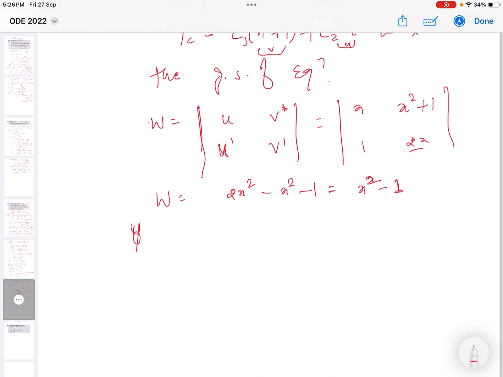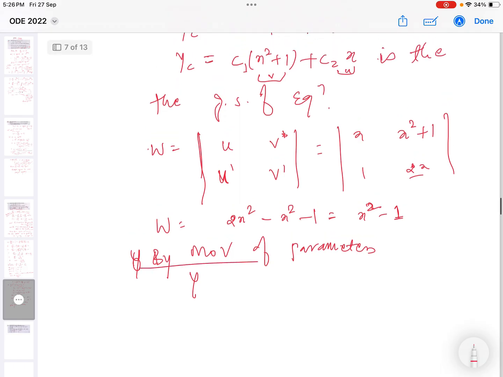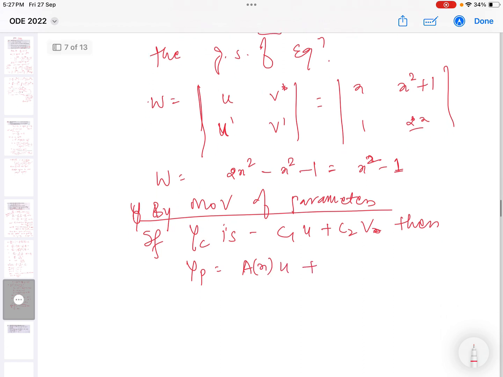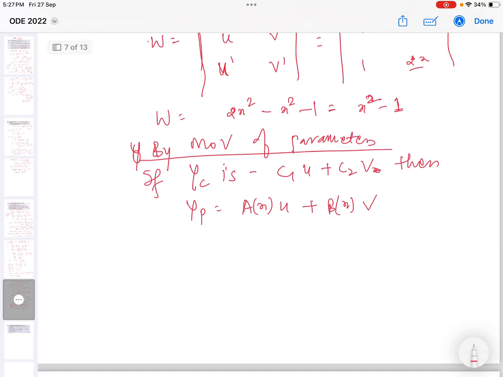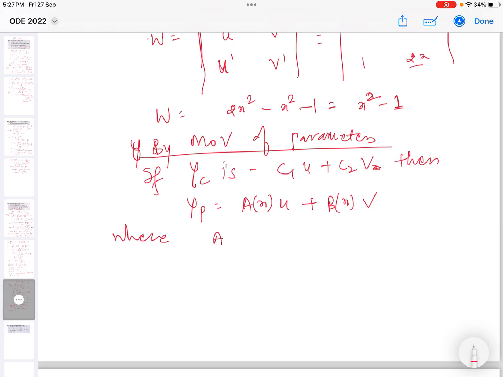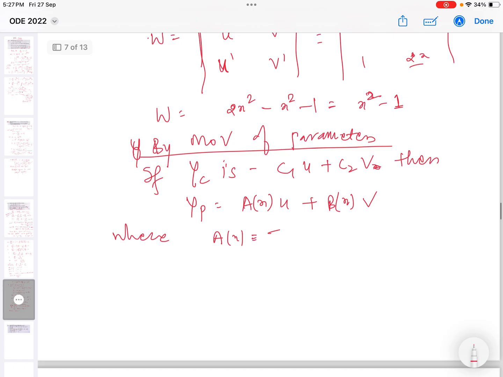Now what we can do, by the method of variation of parameters: if yc is c1 u plus c2 v, then y particular is A(x) u plus B(x) v, where A we can find out as nothing but minus integral of v r over w, and B(x) is integral of u r over w.